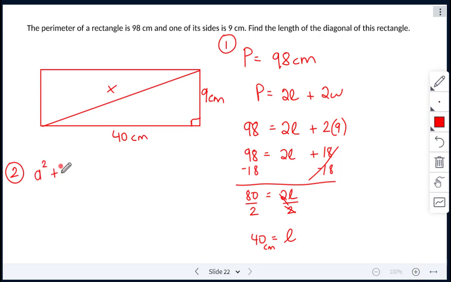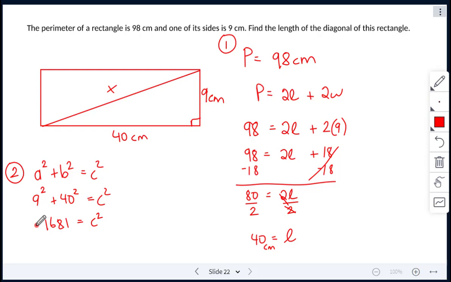So a squared plus b squared is equal to c squared. 9 squared plus 40 squared is equal to c squared. And when you just put that in your calculator, 9 squared plus 40 squared, 1,681. That is equal to c squared.